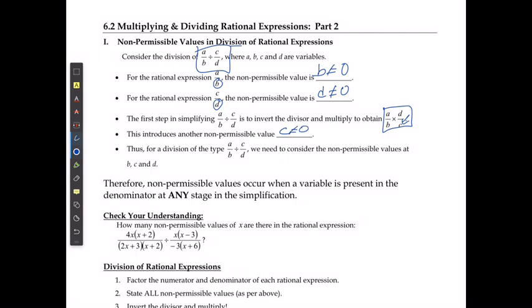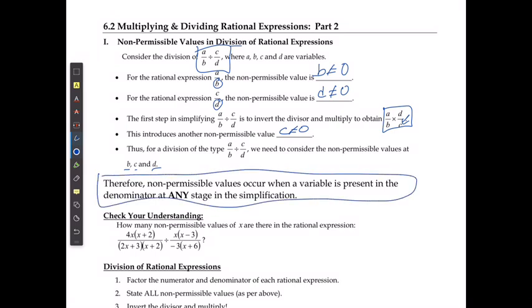Which means that for the division in the type of a over b divided by c over d, we need to consider the non-permissible values at a, at c, and at d. Therefore, non-permissible values occur when a variable is present in the denominator at any time in the simplification process.